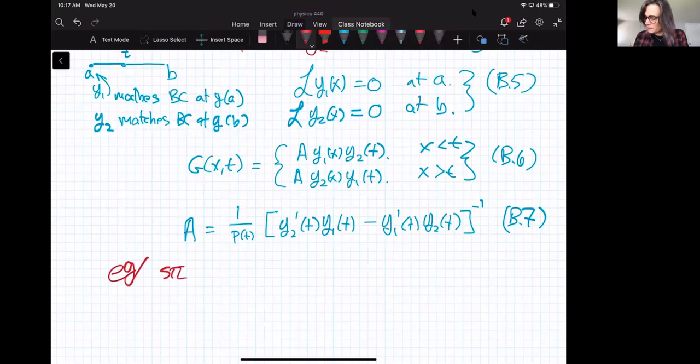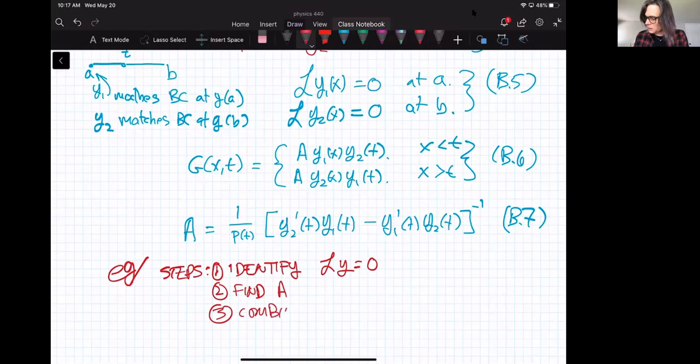The steps are: step 1, identify what we're dealing with for the homogeneous case. Step 2, find A. Step 3, combine to get g of x t in both the region x less than t and x greater than t.